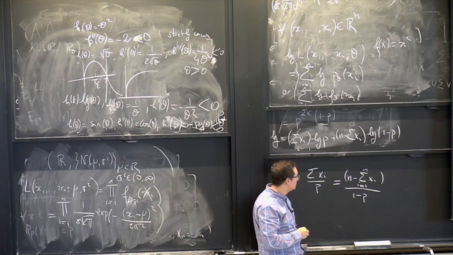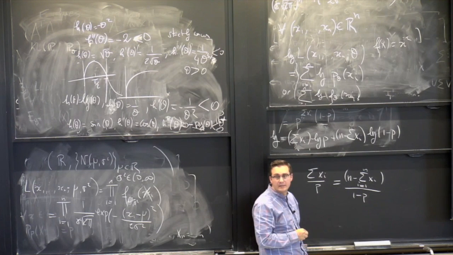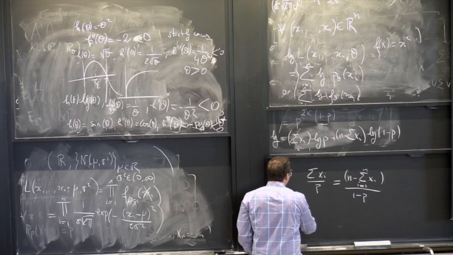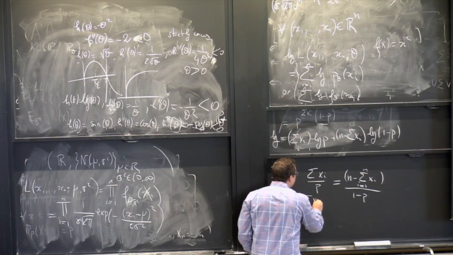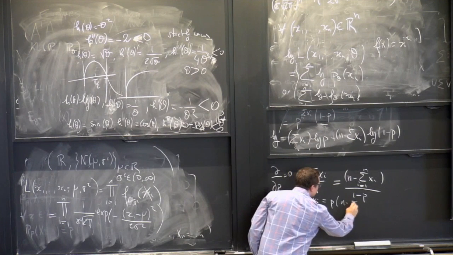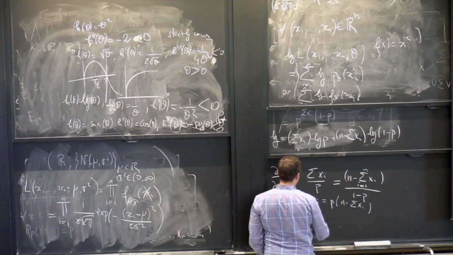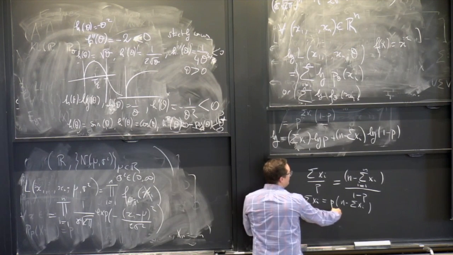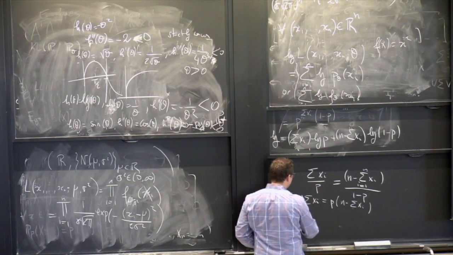OK? So now I need to solve for p. So let's just do it. So what we get is that 1 minus p times the sum of the xi's is equal to p times n minus the sum of the xi's. So that's p times n minus the sum of the xi's plus the sum of the xi's.